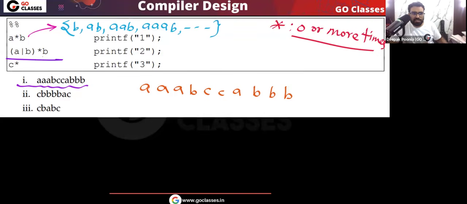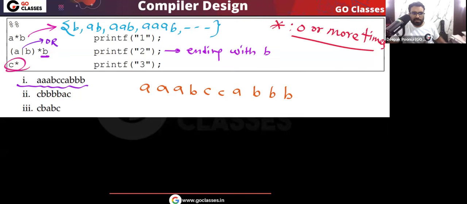Next, you see this regular expression here. (A or B) whole star means any sequence of A, B. Remember, this vertical line is called or. Star means 0 or more, so it is any sequence of A, B, but it should end with B. So here I can say ending with B. And here you can see C star.